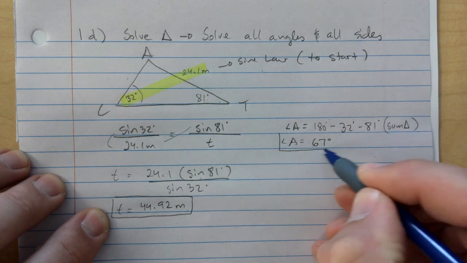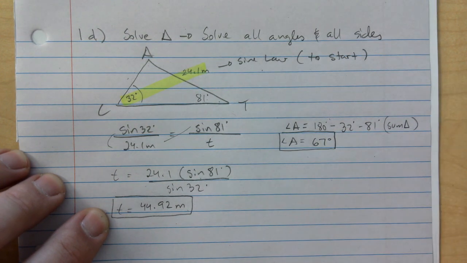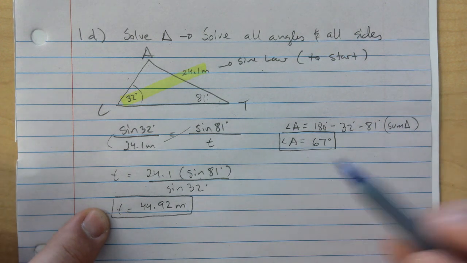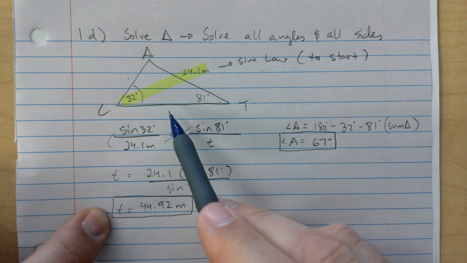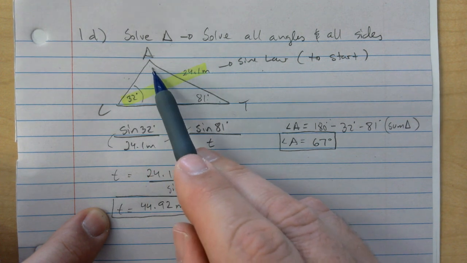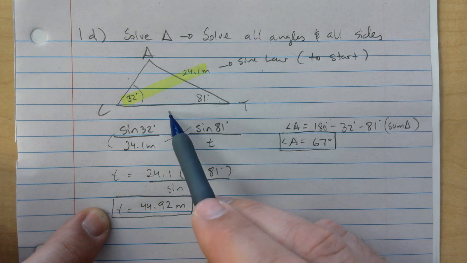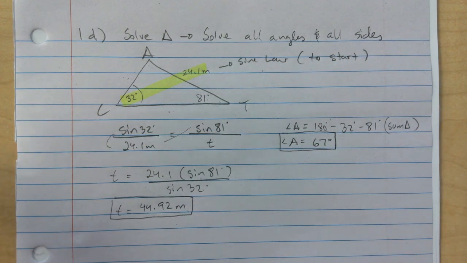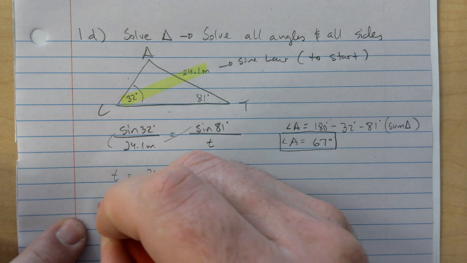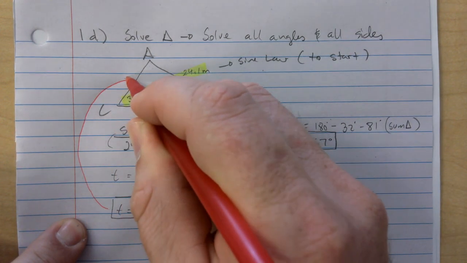So you box that in because solving means we need to give you at least 3 things to get started. So you're going to have to solve 3 things to solve the whole triangle. So we need 2 sides and this one angle, which you already did. So now we're going to solve for this side, which is A. And I'm just going to make an arrow here using red maybe, that this side is now known to you.